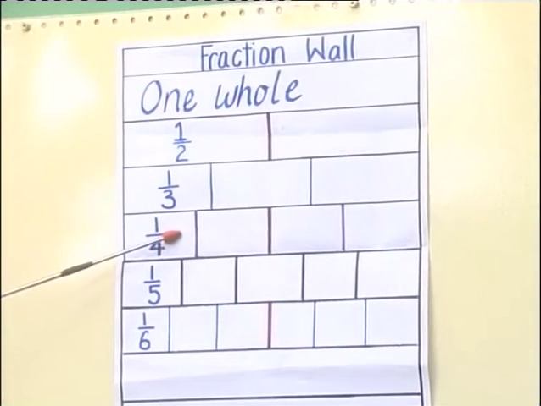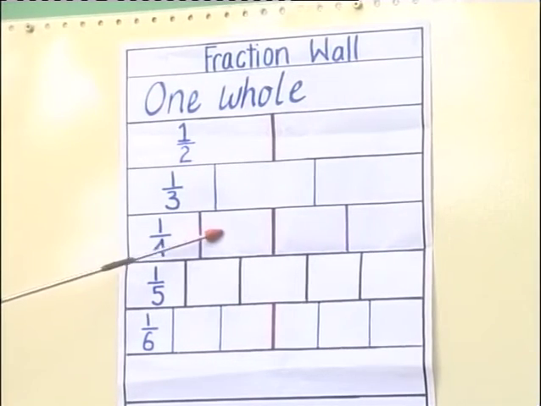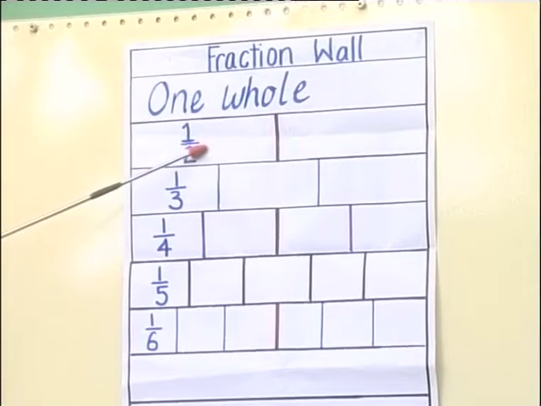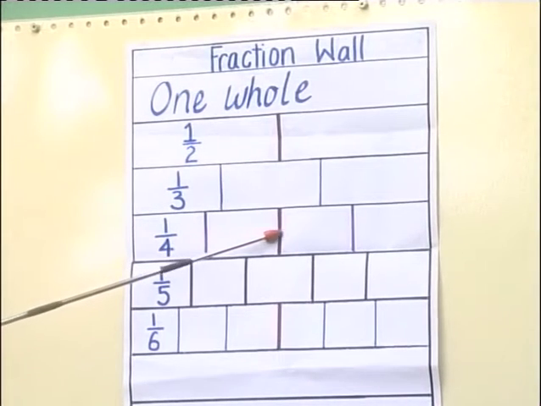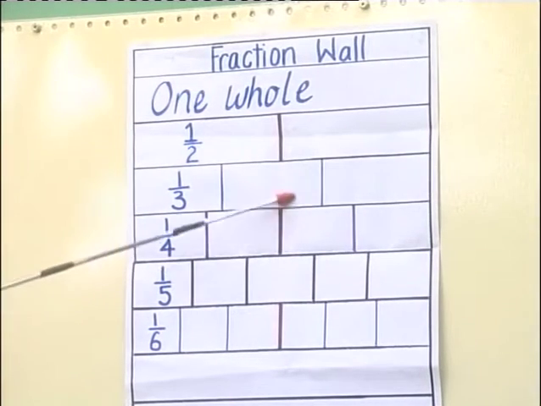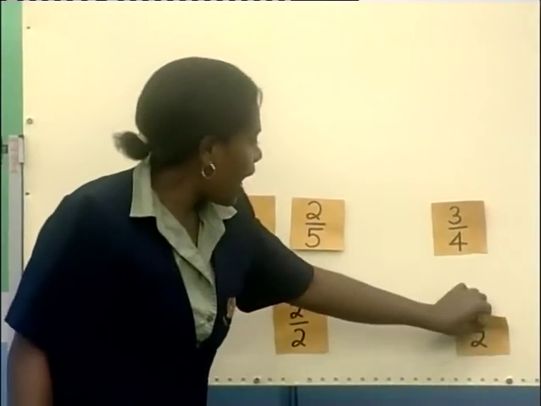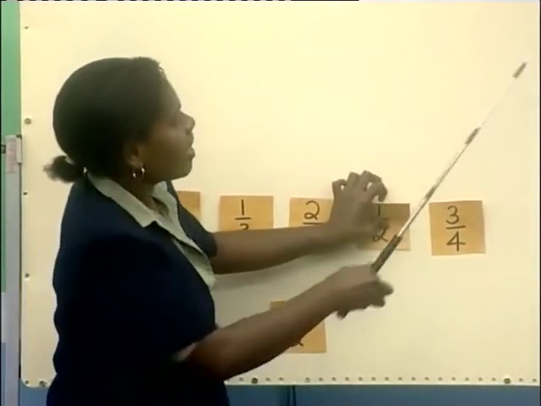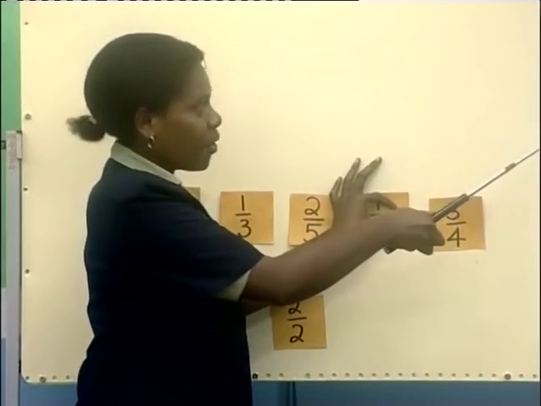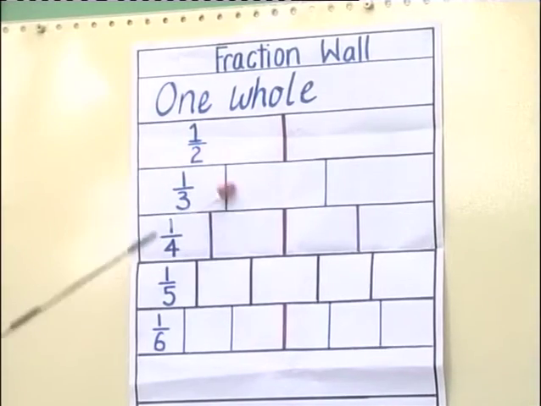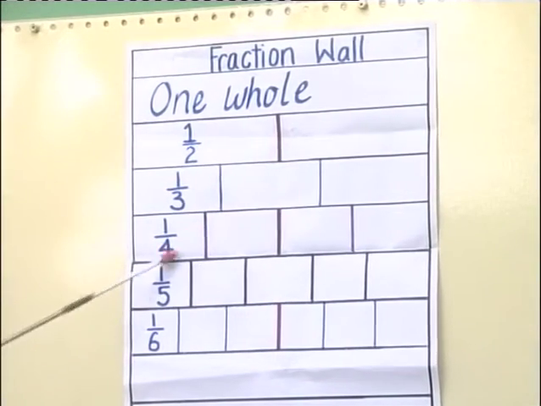3/4. Which is bigger, 3/4 or a half? 3/4 is bigger than a half. A half comes first, and then 3/4, because a half is smaller than 3/4.